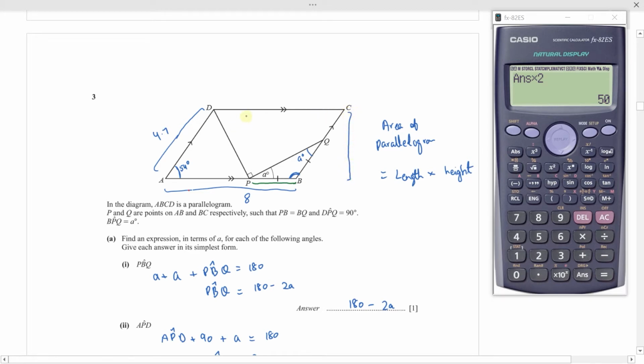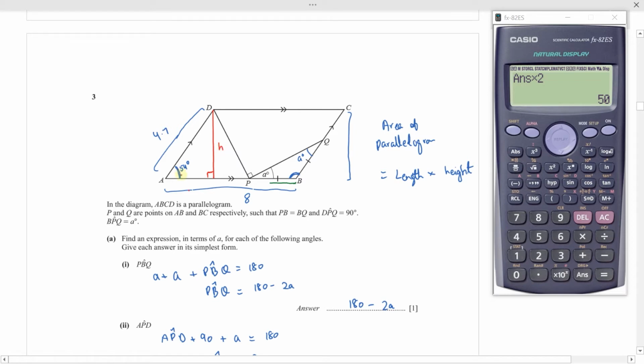So the height here is this height. If this is the length I'm looking at, it should make a 90-degree angle. So let's look at this triangle ADP. I have this angle as 54 degrees, and if I draw a perpendicular line here, this angle is 90 degrees. So this will be my height h of this parallelogram.